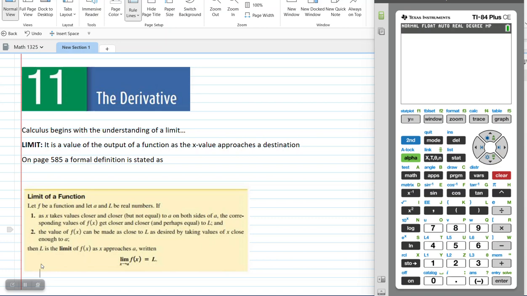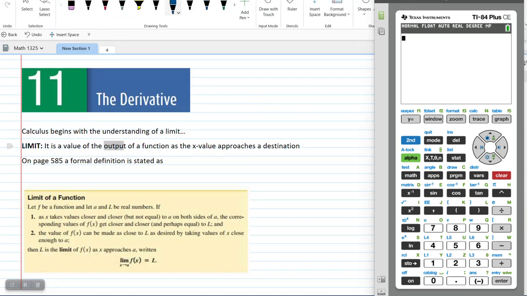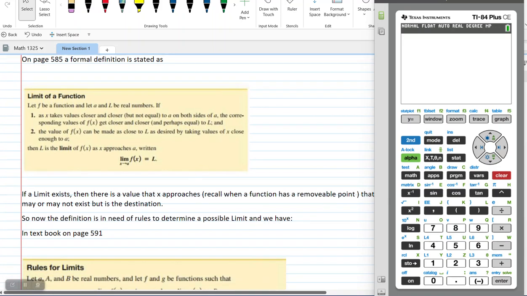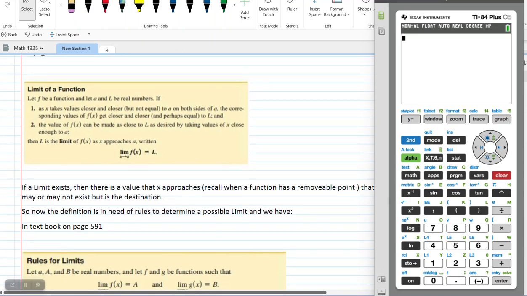A limit is the value of an output of a function as x approaches a destination. And on page 585 of our textbook, it stated it in this fashion.